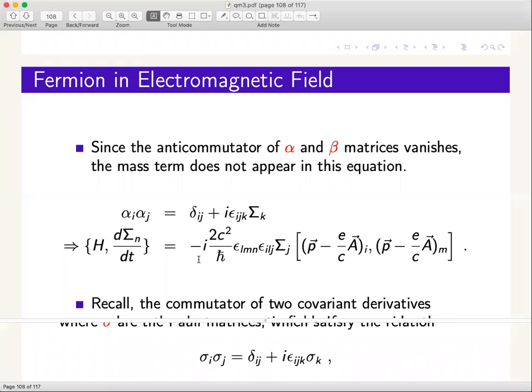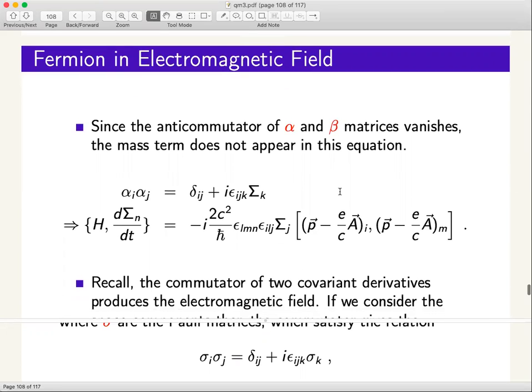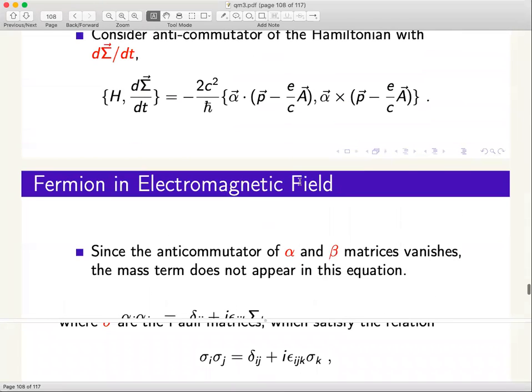It's kind of obvious because alpha matrices are off-diagonal Pauli matrices, so they follow the relation which the Pauli matrices also satisfy. If you write it down in this particular form, you can substitute that relation into this expression.